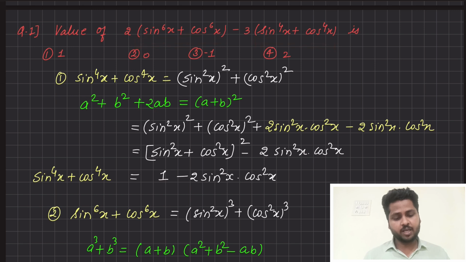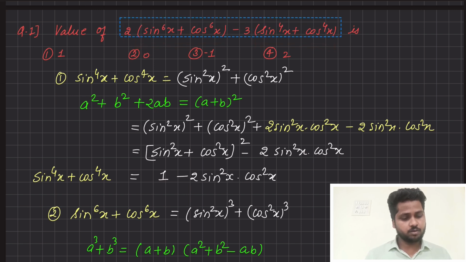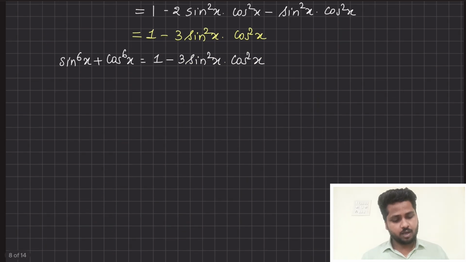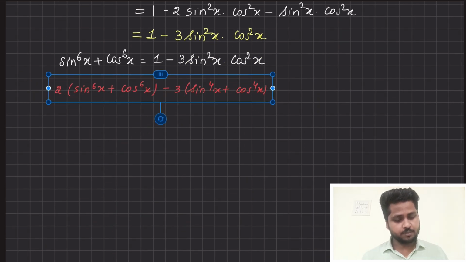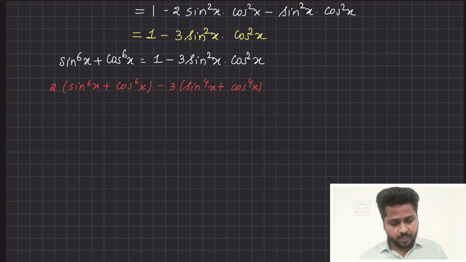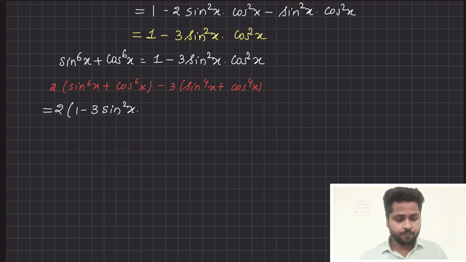So we have 2 times, let me copy it and paste here. I can replace sine raised to 6 plus cos raised to 6 with 1 minus 3 times sine square x into cos square x, my dear students.